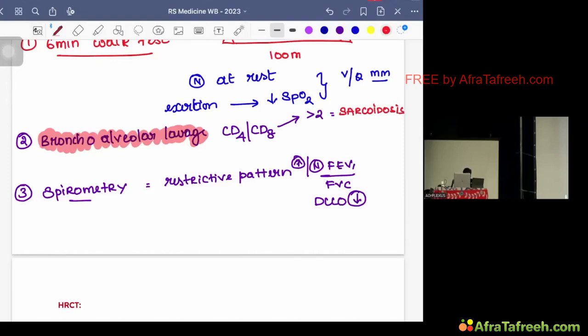Whenever the CD4 CD8 ratio is less than 1, then it indicates hypersensitivity pneumonitis. This is one important point in bronchoalveolar lavage.